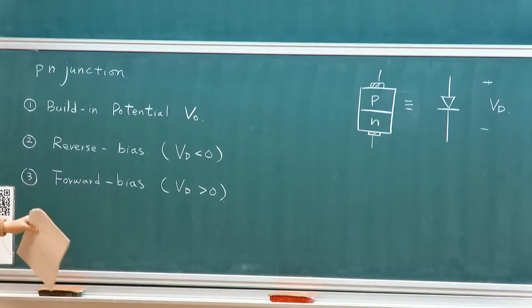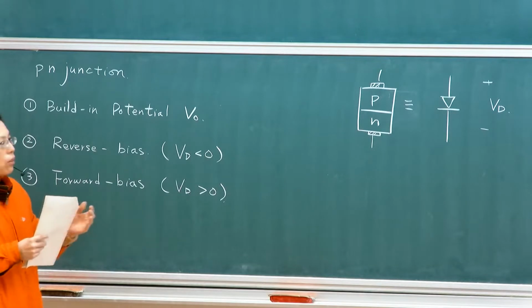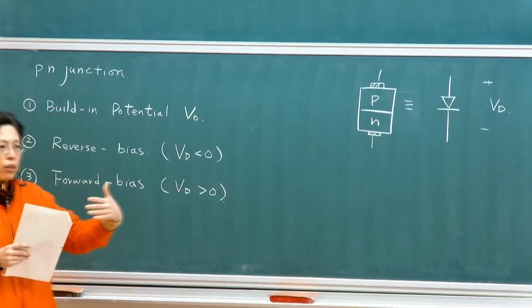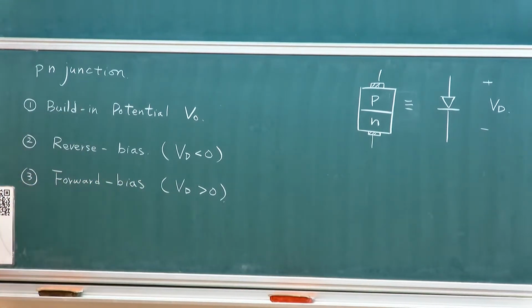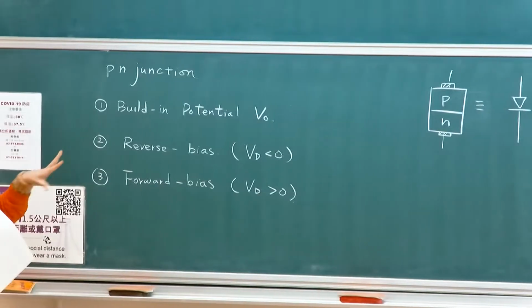The other key important thing we mentioned is that once you have this imbalance in carriers, you have what we call a non-uniform distribution of carriers. This non-uniform distribution will then lead to forces such as drift and diffusion.